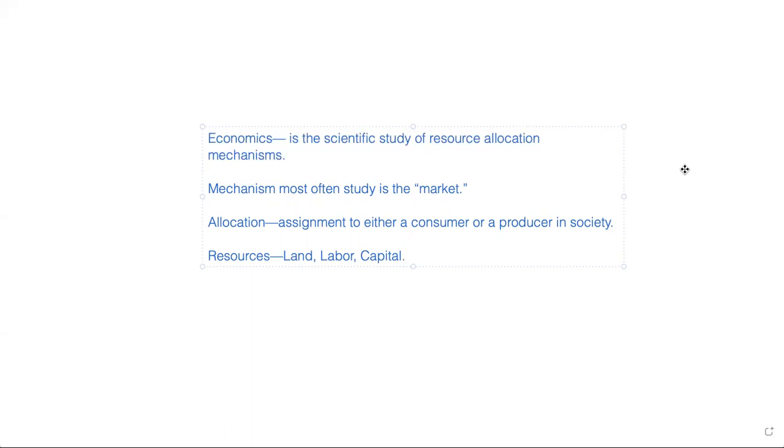And does anybody have suggestions for why we're focusing on markets, at least in intermediate microeconomic theory, as opposed to other mechanisms for assigning resources for the use or pleasure of some entity, either an individual or a business entity in society? So that's the question. Other mechanisms? Anybody?